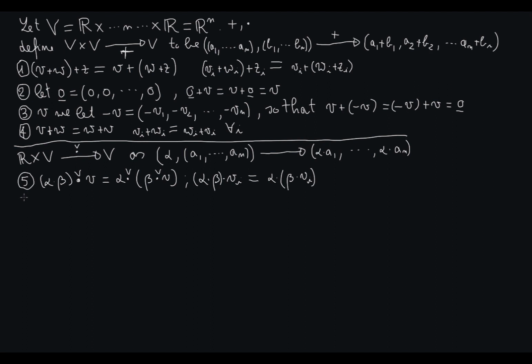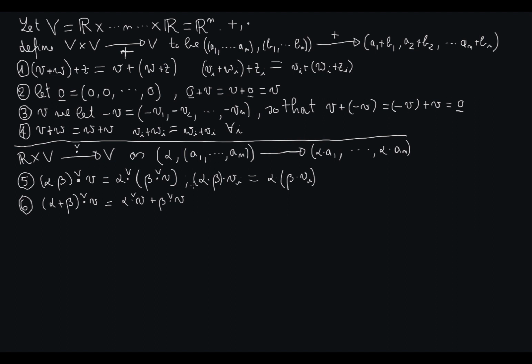The next one is distributivity. So alpha plus beta. This is the distributivity law of times v dot v with respect to the sum in R. Is this equal to alpha dot v plus beta dot v? The answer is yes.